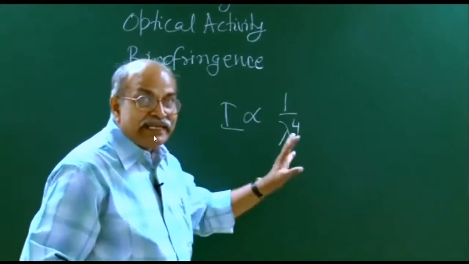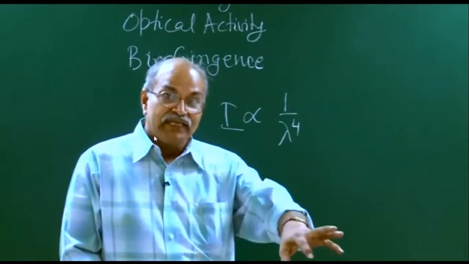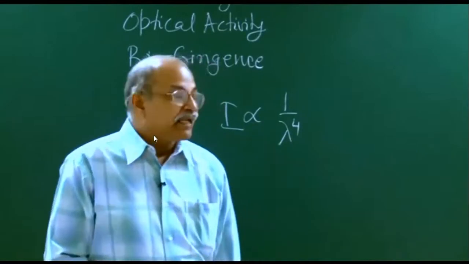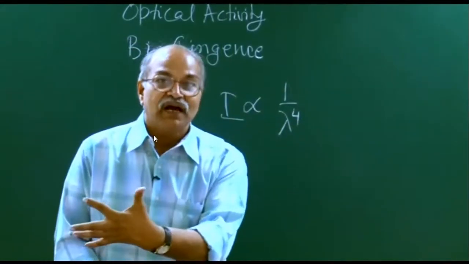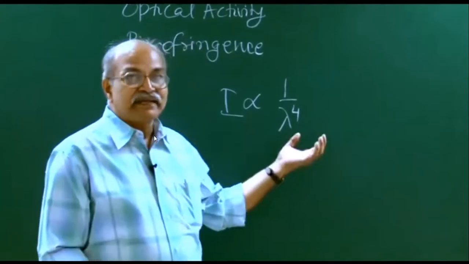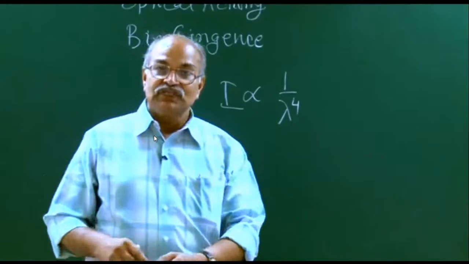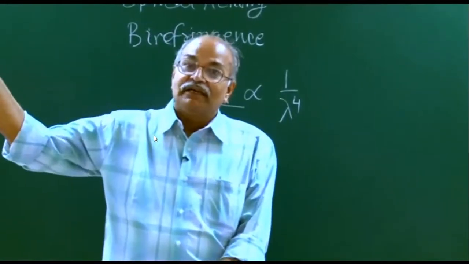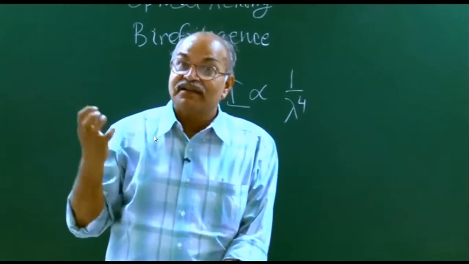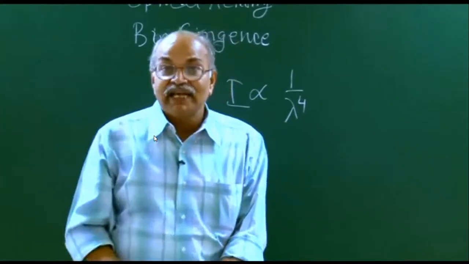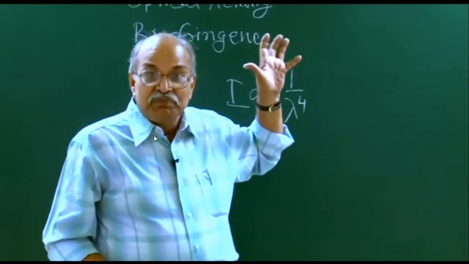That is called Rayleigh scattering. So for shorter wavelengths, the blue end, the violet, blue, green end, the scattering will be more, and for the red, orange, higher wavelength range, the scattering will be small. Therefore when you look in a direction other than the sun, what you receive is the scattered light, and scattered light will have more of this blue end, and that is why the sky appears blue.